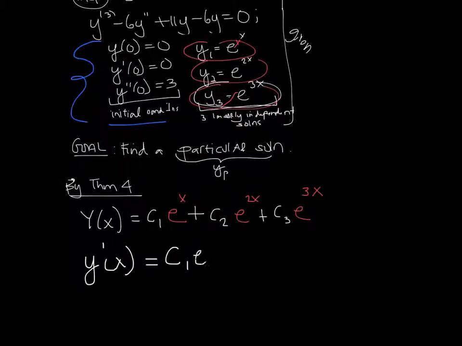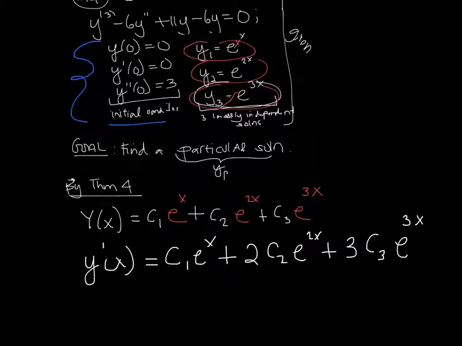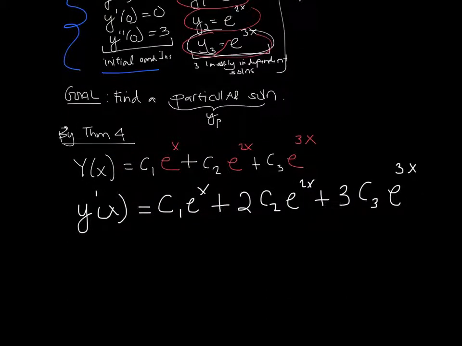So c1 e to the x, plus 2 c2 e to the 2x, plus 3 c3 e to the 3x. Now let's find the second derivative, y double prime. Similarly, we're going to take the derivative of this expression right here.